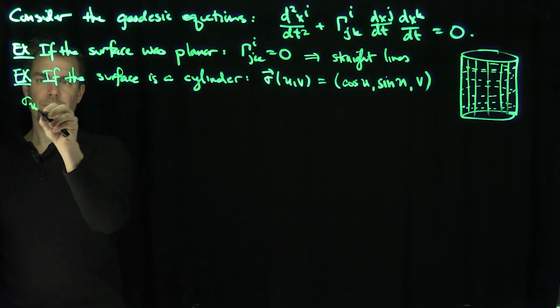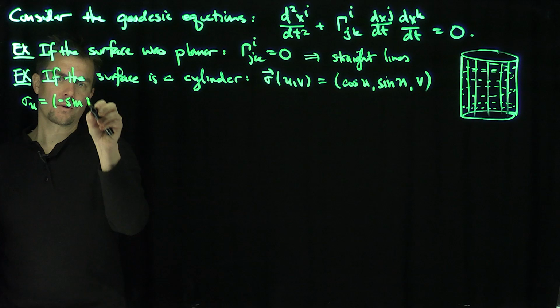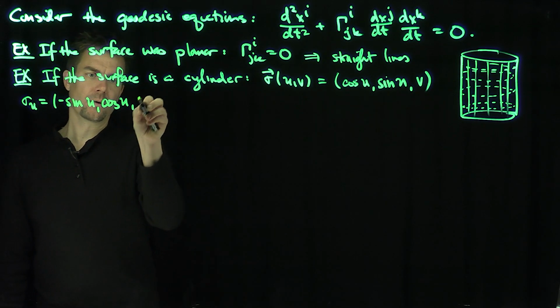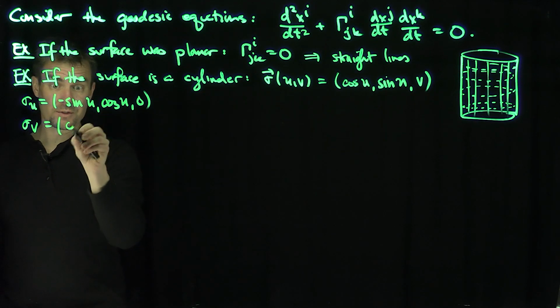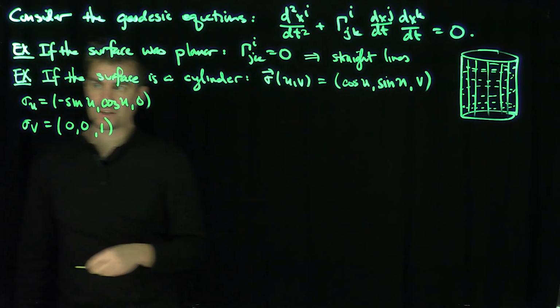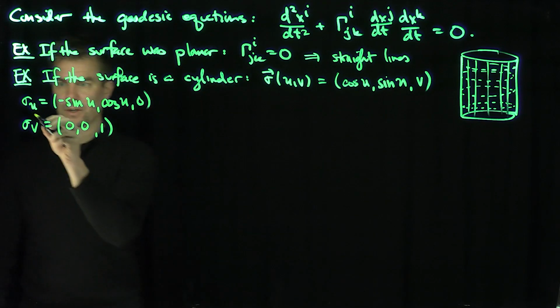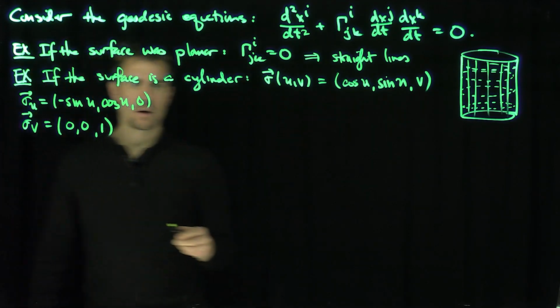Sigma_u is just going to be negative sine u, cosine u, 0. My sigma_v is just 0, 0, 1. So we see that these partial derivatives are perpendicular to each other. So I have a standard metric.